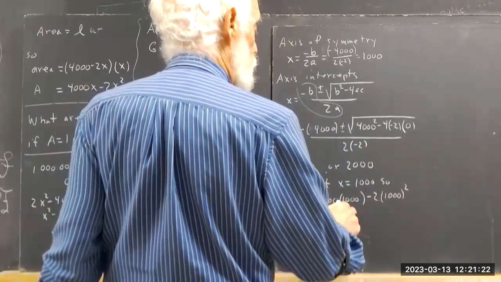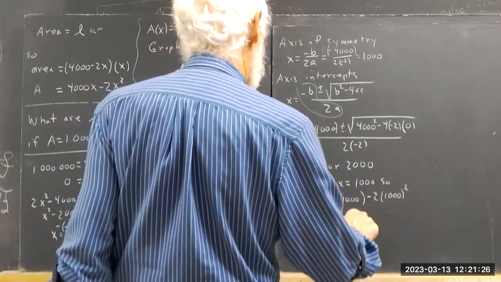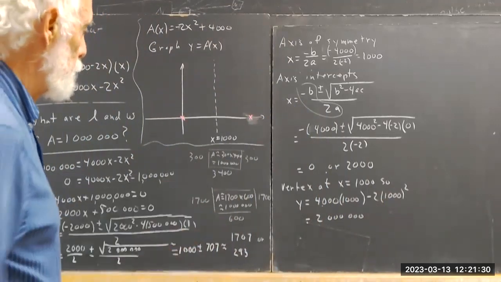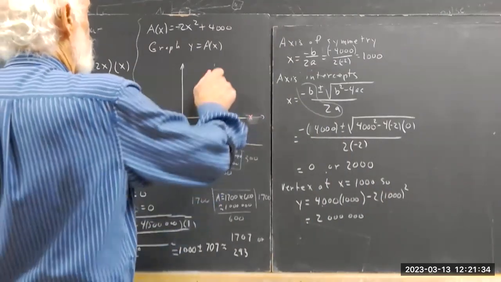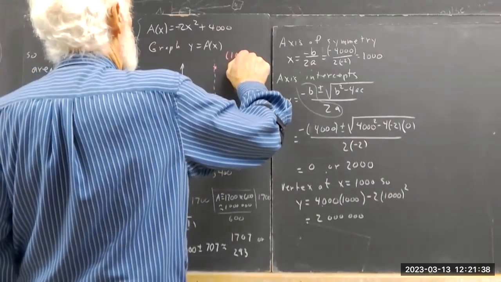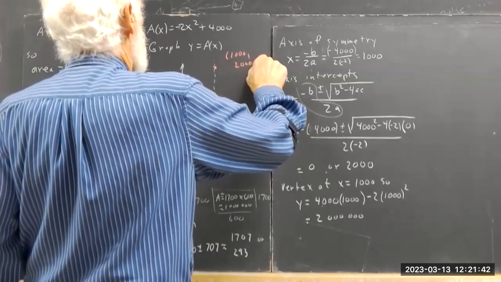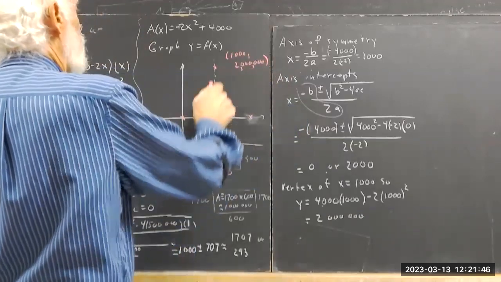That's 4 million minus 2 million. We get 2 million. So the vertex is at 1,000, 2 million.